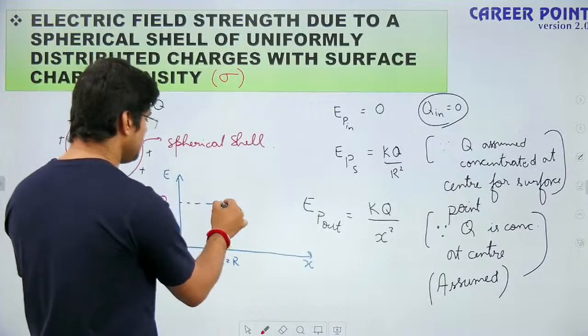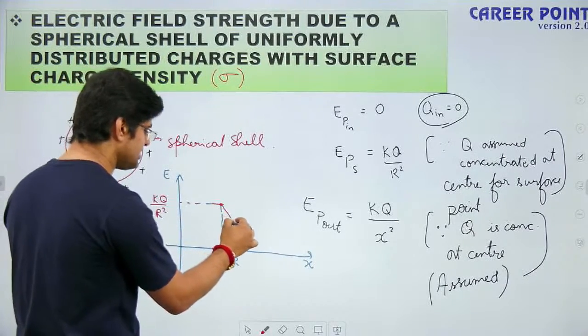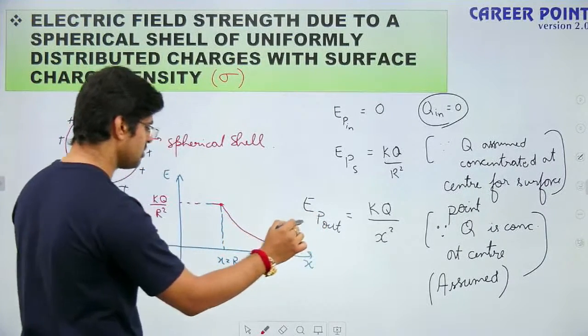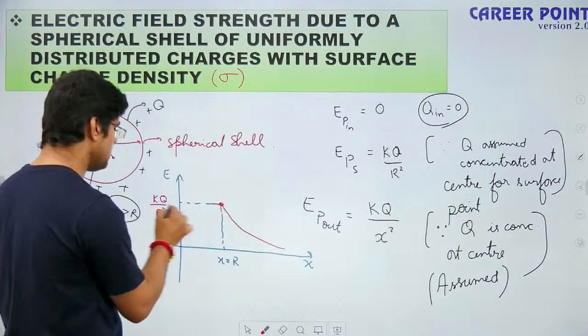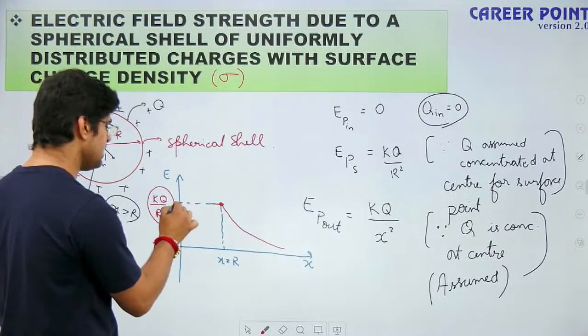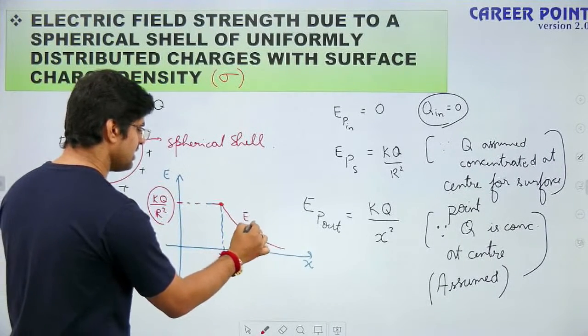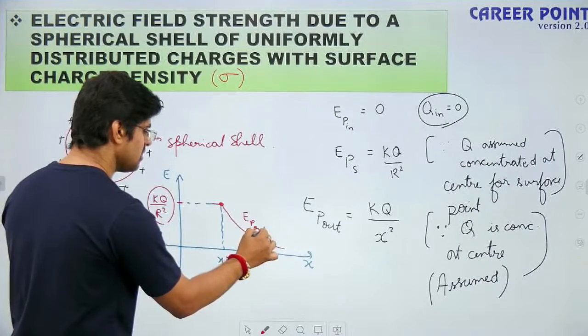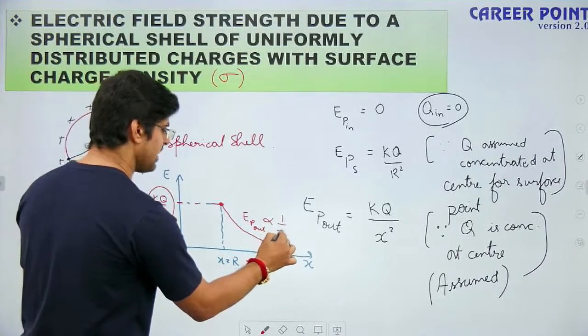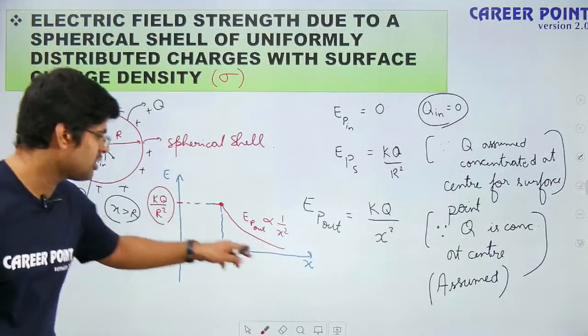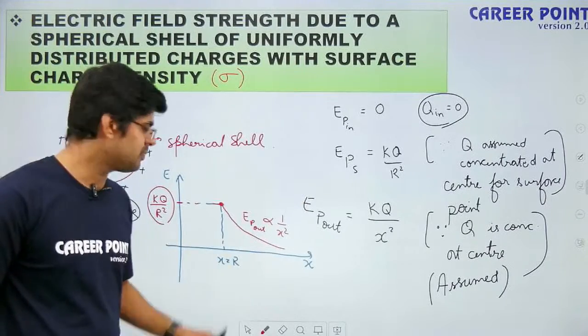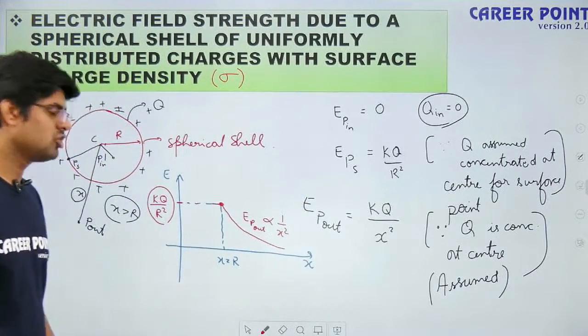So electric field magnitude will start reducing as the distance increases, like this. You can say this was the magnitude kQ by R square initially. After that, E at P out is inversely proportional to x square. So it is parabolic. Is that clear? Not parabolic, hyperbolic. No problem?